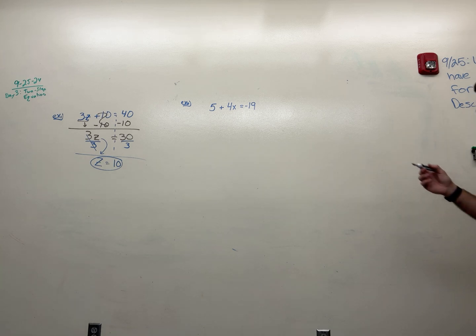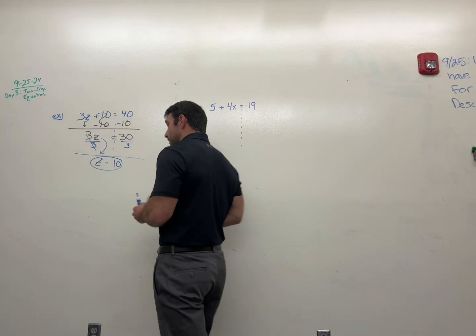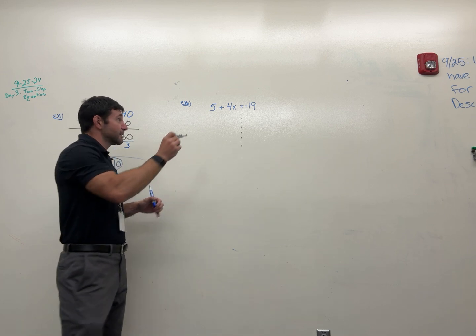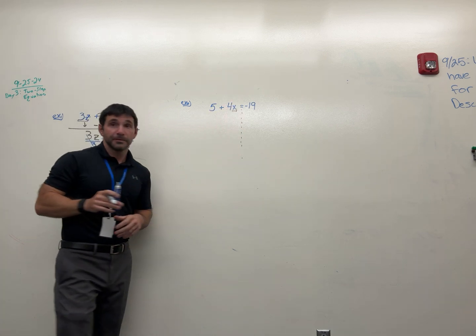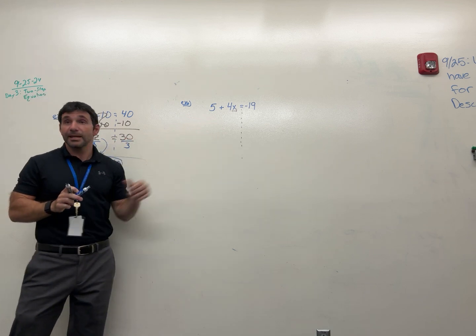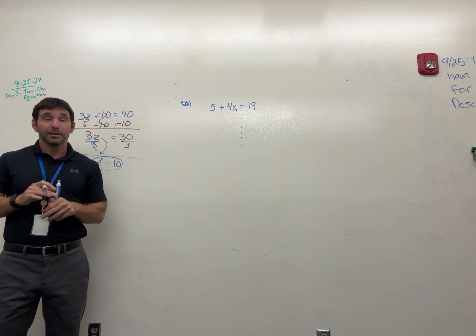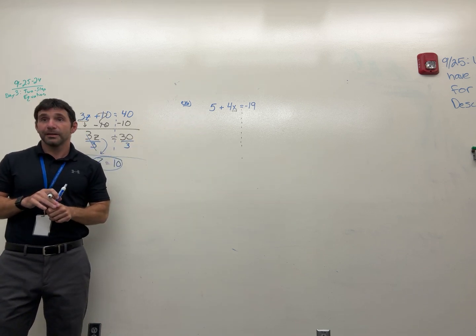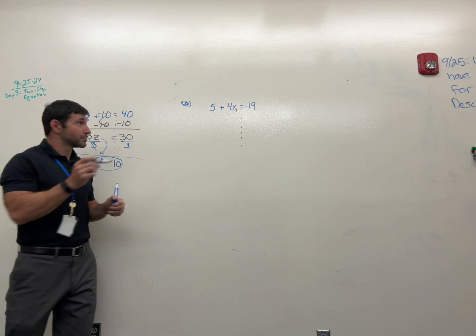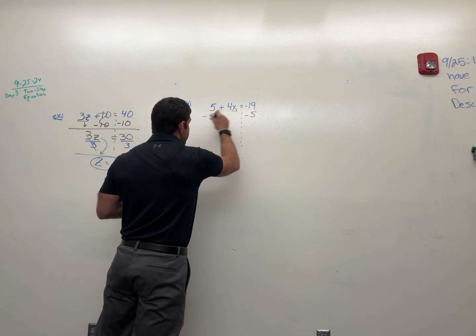Find the balance point. Always, always, always. The goal is to get the x by itself, so we're only worried about the side that the x is on. What's farthest away from that x? 5. So we need to move that first. How do we move that positive 5? Subtract 5 from both sides.